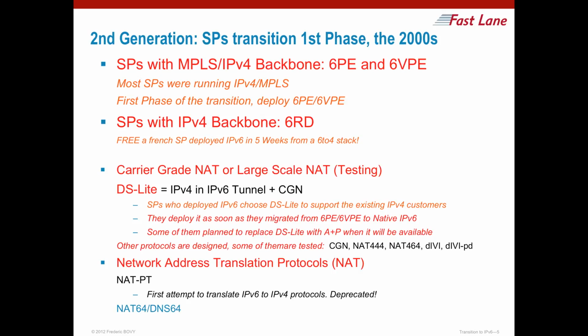So Cisco developed 6PE because it permitted providing IPv6 service on top of an IPv4 MPLS backbone. For service providers without MPLS, like Free in France, Free developed 6RD, which was a technology to provide IPv6 service on top of an IPv4 backbone as well, but without MPLS.